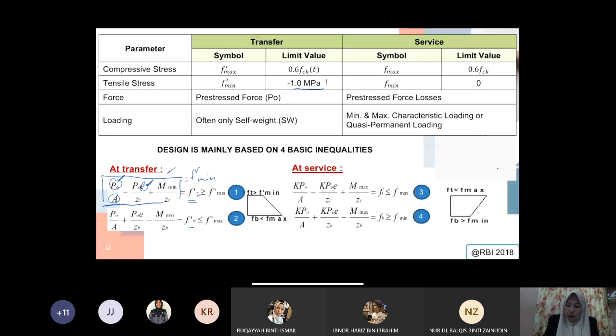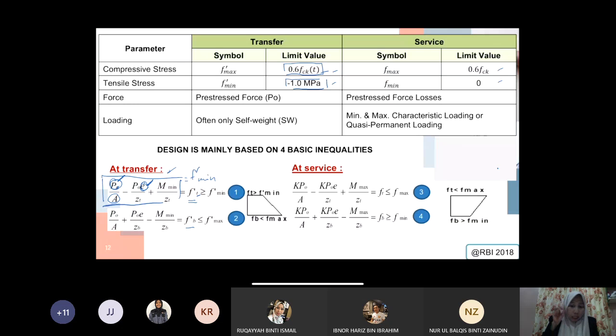Means that you take the maximum and minimum values, the limiting values of the equation as stated in the code. By taking the minimum and maximum value of the stresses at top and bottom, it will give you the optimum value for your P naught and E.